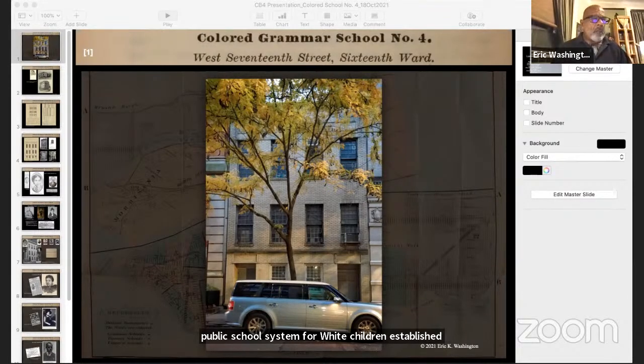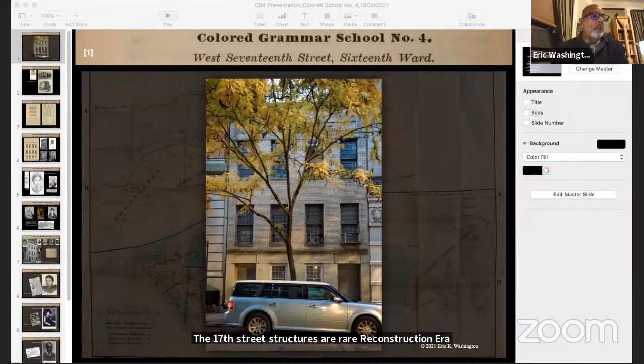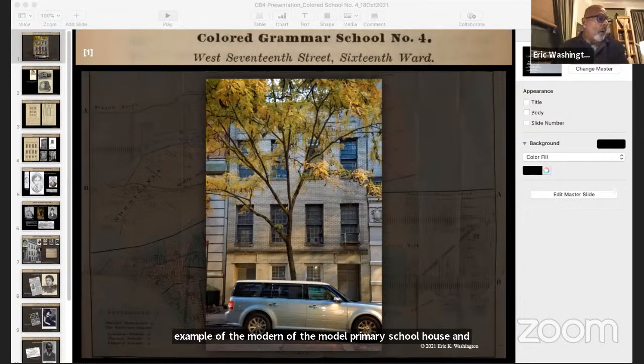Built circa 1868, 1869, the 17th Street structure is a rare Reconstruction era example of the model primary schoolhouse, an earlier architectural plan adopted in 1844 for grade schools throughout Manhattan by the Public School Society, which in 1853 merged with the Board of Ed as part of the city's ward school system.